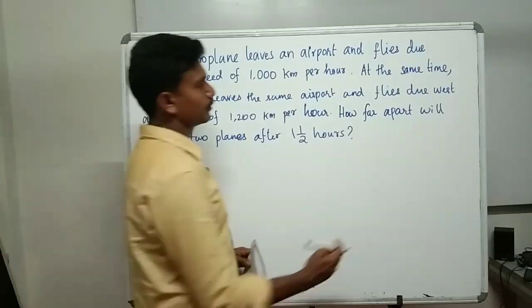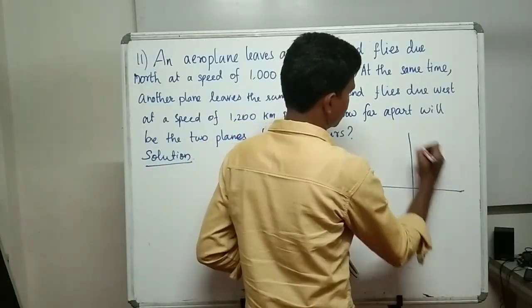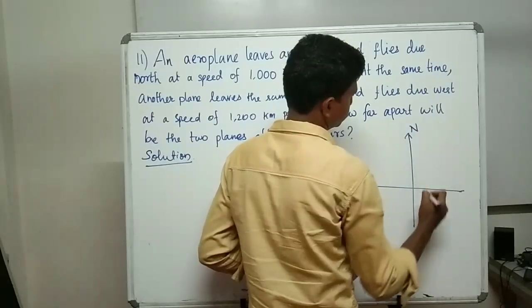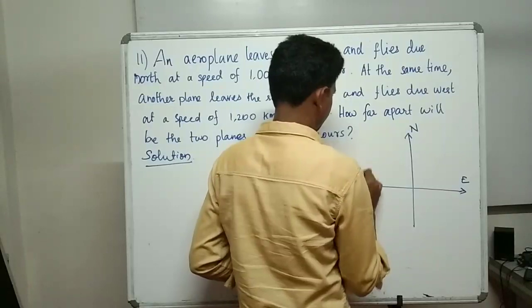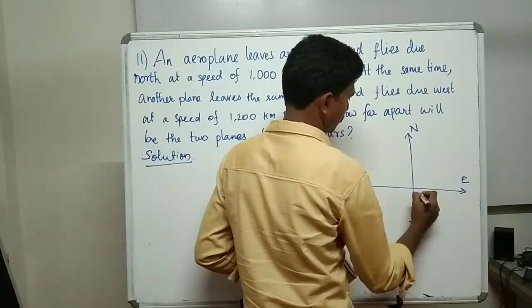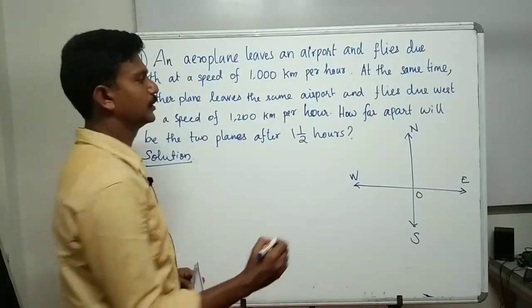Which means we can write the directions first. We can draw it. So it is north, east, west and south. We can take this point as the starting point, that is where the airport is.